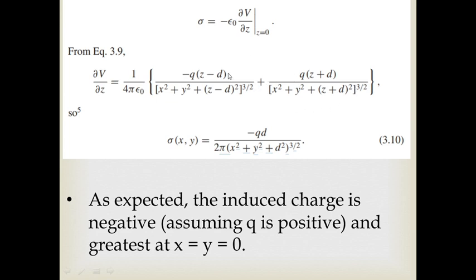Simplifying this, we get sigma as a function of x, y equal to minus q d upon 2 pi (x square plus y square plus d square) raised to 3 by 2.